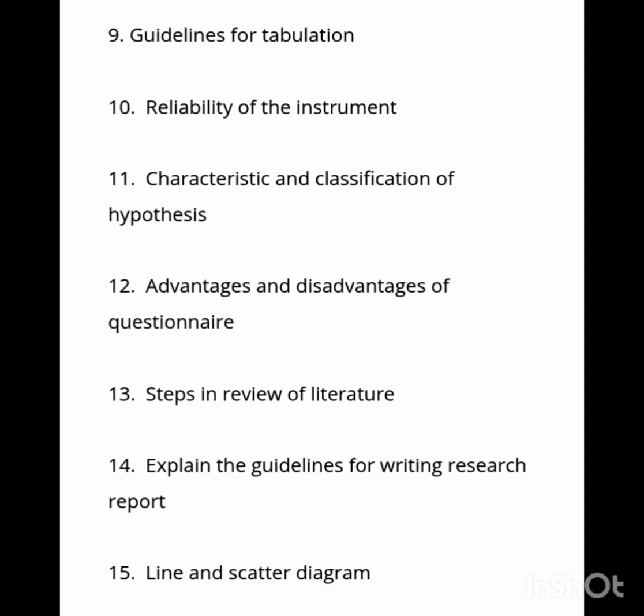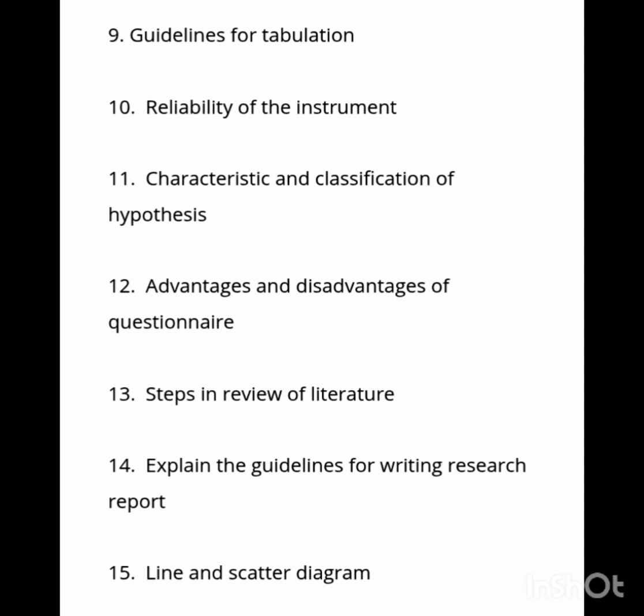Okay, and next 15th question is line and scatter diagram. So line and scatter diagram refers to a visual presentation of data where individual data points are shown as dots on a graph. Okay, and a line is drawn through the points to show the overall trend or relationship between the variables.